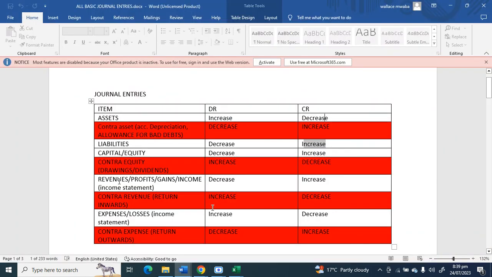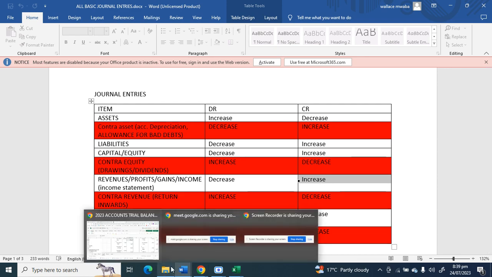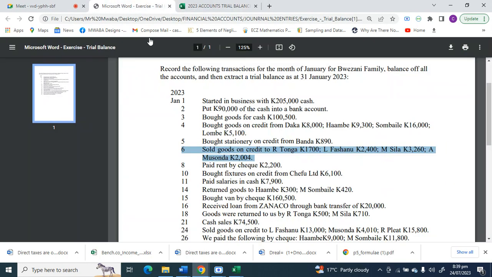An increase in revenue, you credit. So with each of these people, you'll be crediting sales. You debit R. Tonga 17, you credit sales 17. You debit L. Fashanu 24, you credit sales 24.